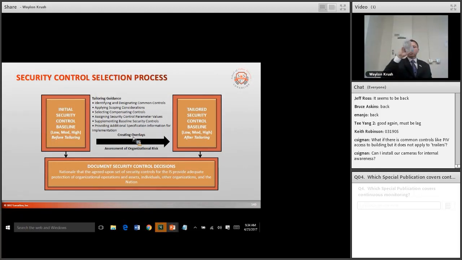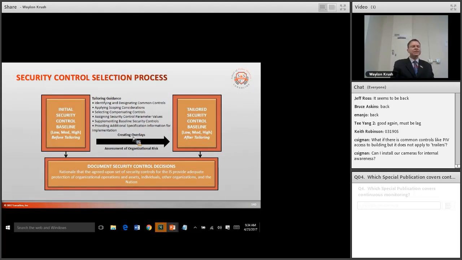Could be in 53. So you'll see this in 37 at a high level, and you could probably see it in 50. They copy, cut, paste diagrams and use them multiple places, just like the one we saw yesterday with the REF, the risk executive function. You'll see that in multiple special pubs.